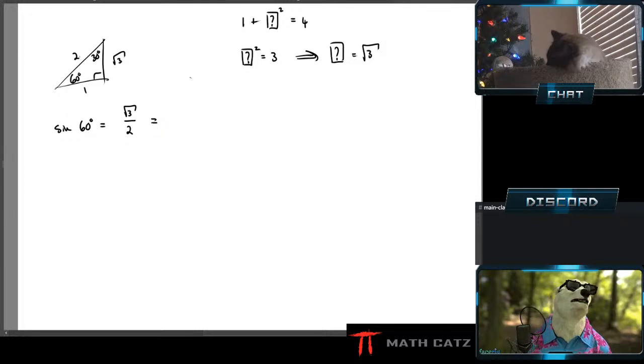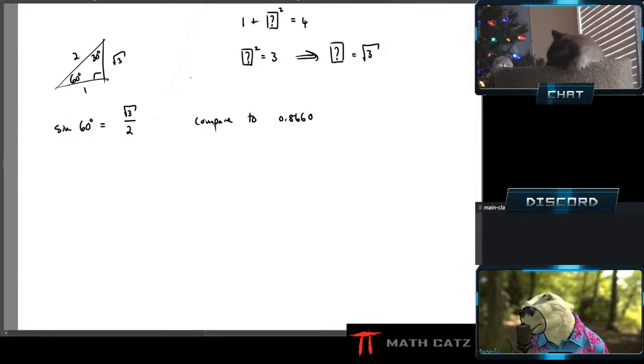That we did. Now, in general, I will leave it there because that's the exact version. Let's just compare to 0.8660 by way of the calculator.